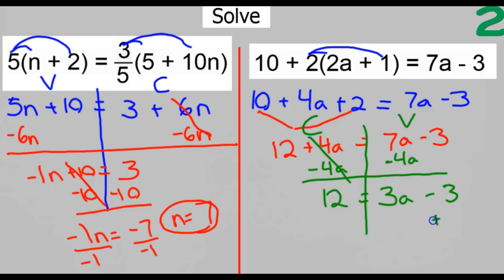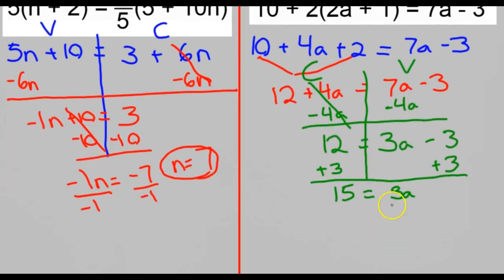Okay, now I'm going to add 3 to get my constants on one side. I get 15 equals 3a. Divide by 3 on both sides. A equals 15 divided by 3, which is 5.